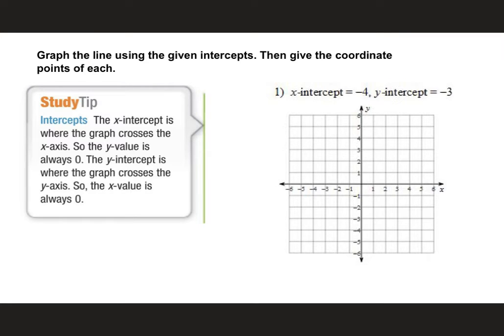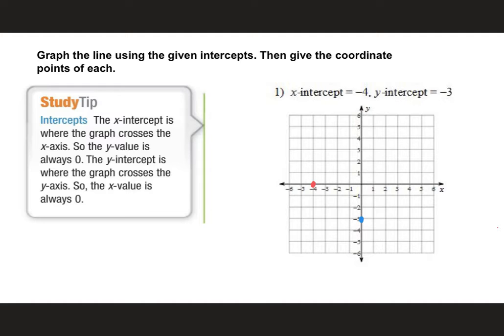So if I'm told the x-intercept and the y-intercept, I can graph the line easily without using a table of values. The x-intercept means that my line is crossing the x-axis at -4. So I'm going to plot a point at -4. And then my y-intercept is -3, so that's on my y-axis at -3.